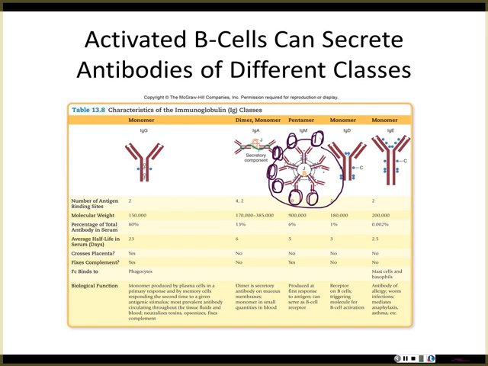So they're going to be really good at helping to agglutinate or clump microbes together. The IgG ones, though, are smaller, so they're better at getting out of the blood and into your tissues where an infection is taking place, so that's an advantage of that type.